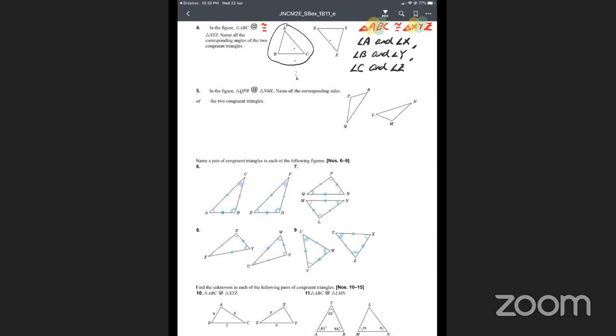Okay, and then number 5, this time you need to tell the corresponding sides. Just now we talked about the angles. For number 5 we talk about the length or the size, and this one should use this symbol. There should be no problem in your textbook. Just when I open my Word file, it cannot show those symbols.